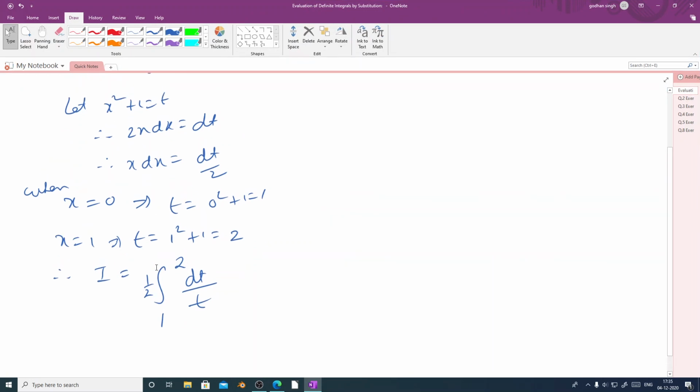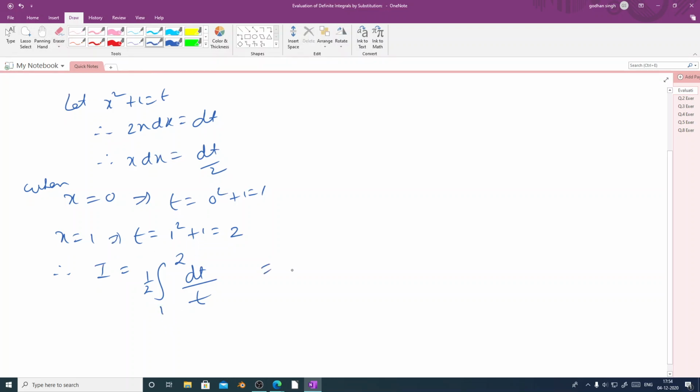So it's very simple. So this is 1 by t. We know that the integration of 1 by x is log x, so we'll be getting here equal to half log modulus of t, and the limits are from 1 to 2, and care is to be taken that we have not to convert this back in terms of x, because if you do that, then this will be incorrect, because the limits are in terms of t.